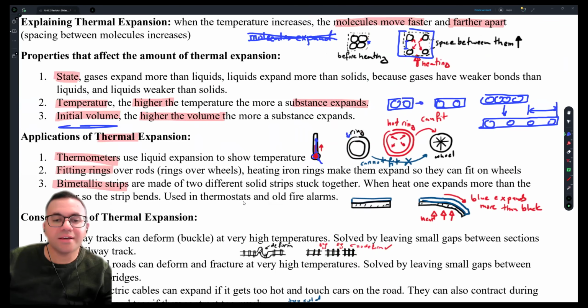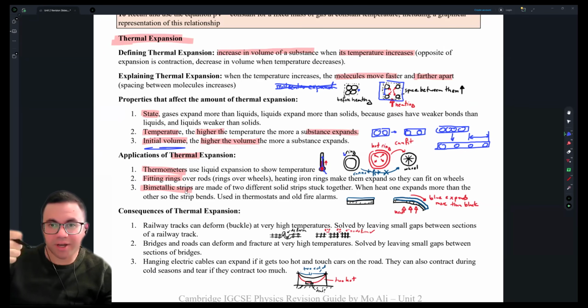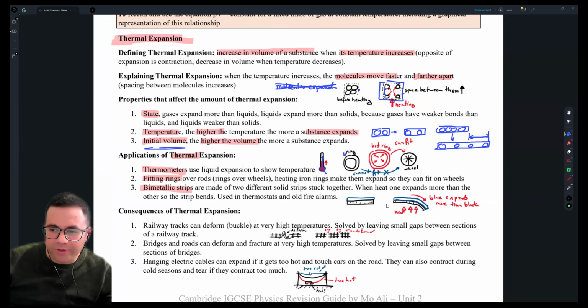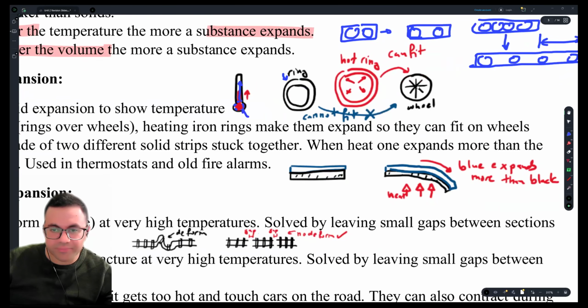Then finally, what we call a bimetallic strip. Again, a bimetallic strip. The word bi means two, metallic means made of metal. So we have two different types of metal stuck together. This is a very weird application though. Like it's used a lot, but you never see it yourself.